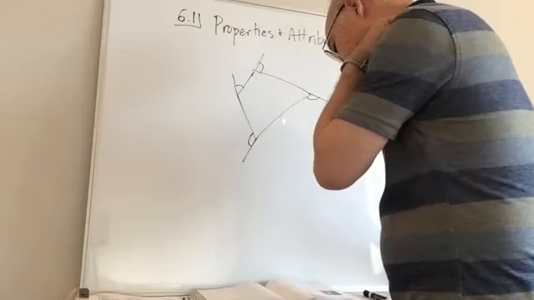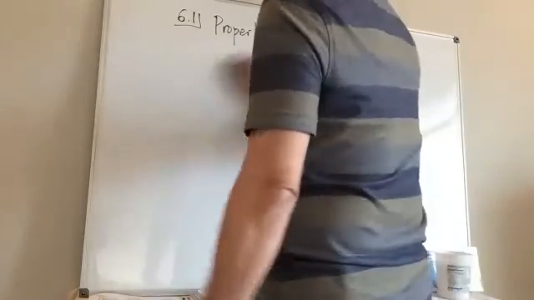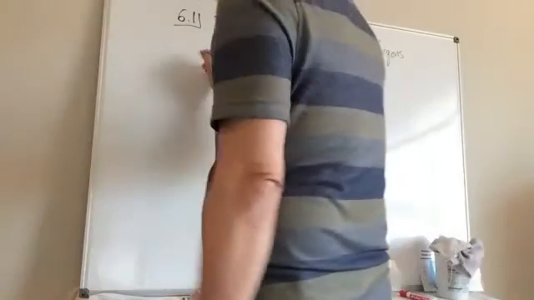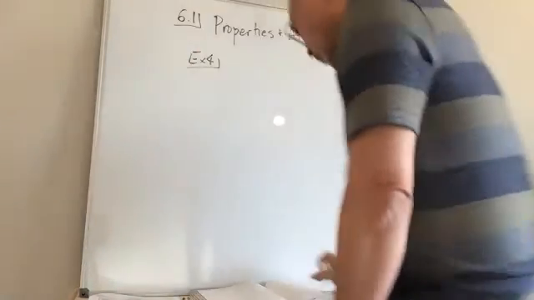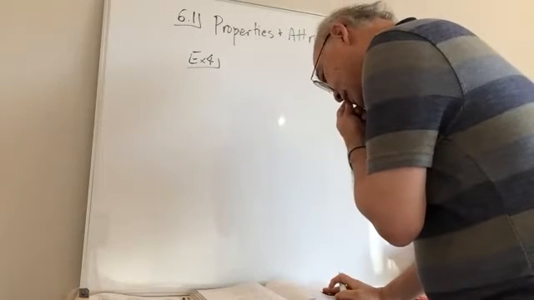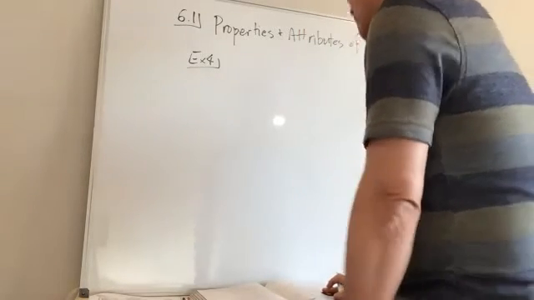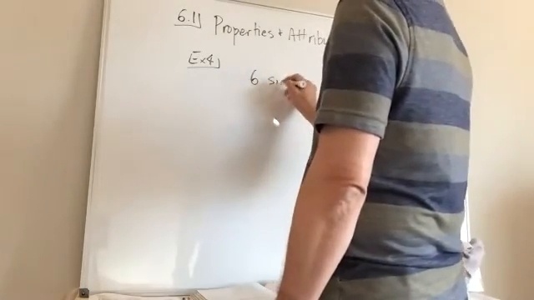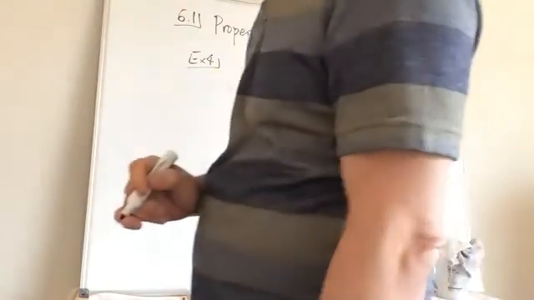So let's see if we can use that on example number 4. Find the measure of each exterior angle of a regular hexagon. Hexagon meaning I have 6 sides, which means how many external angles am I going to have?